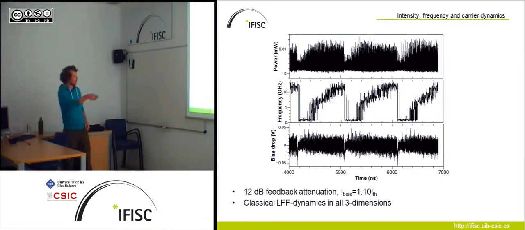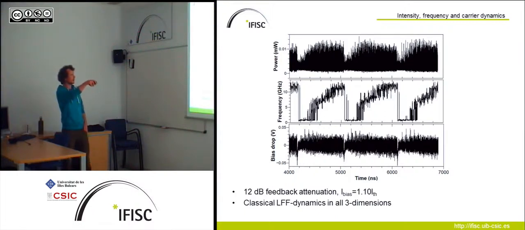This is not exactly the carrier inversion, but it's the voltage drop across the laser which we measured. So we will be working on this, but we still need to convert it into the other variable. But you can already see that all of these events are nicely synchronized.